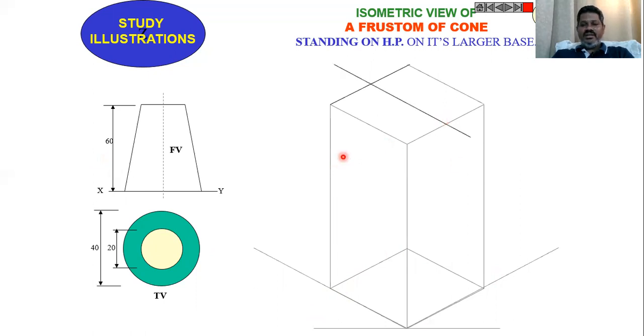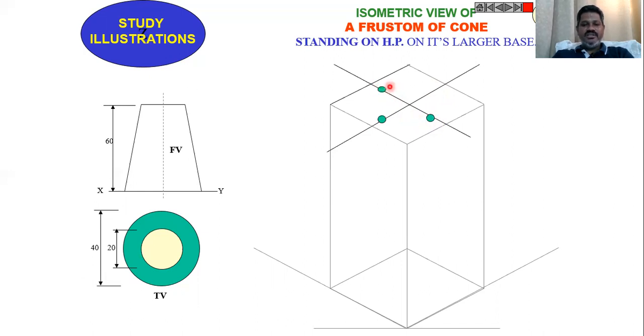Then divide this rhombus like this. Then locate the center point. From the center point, locate the four points on these two perpendiculars.